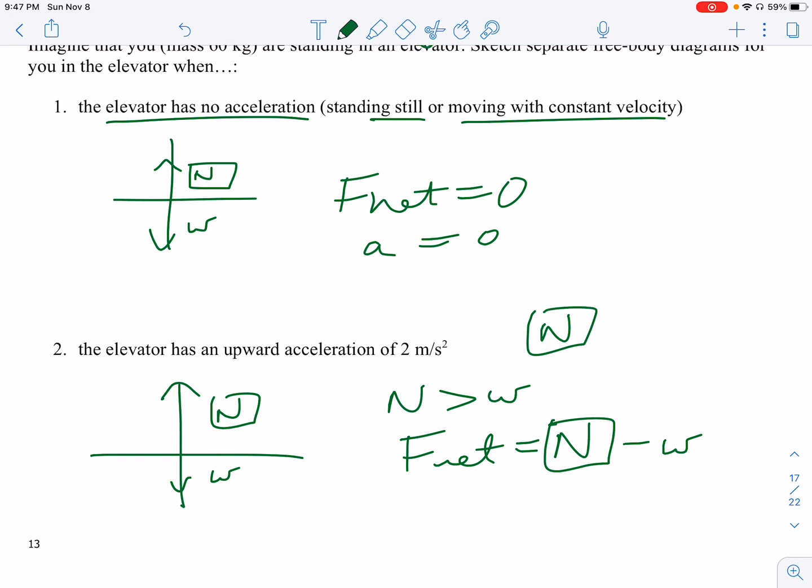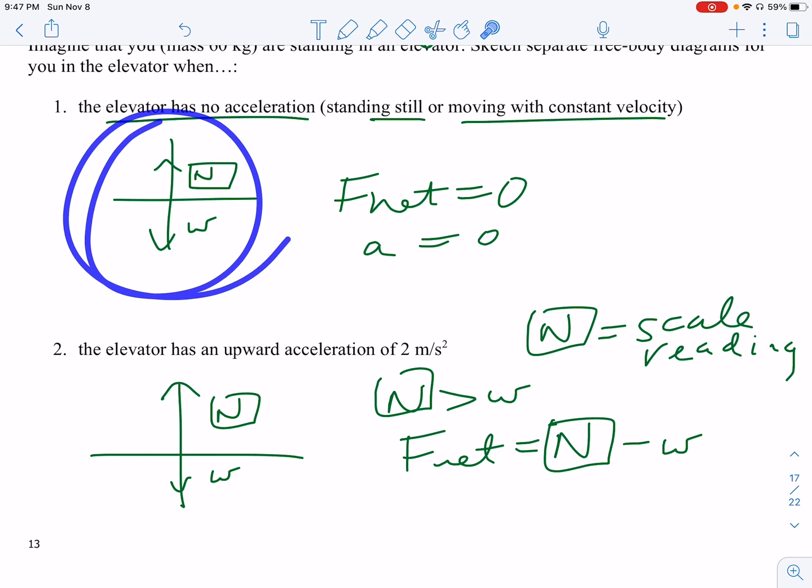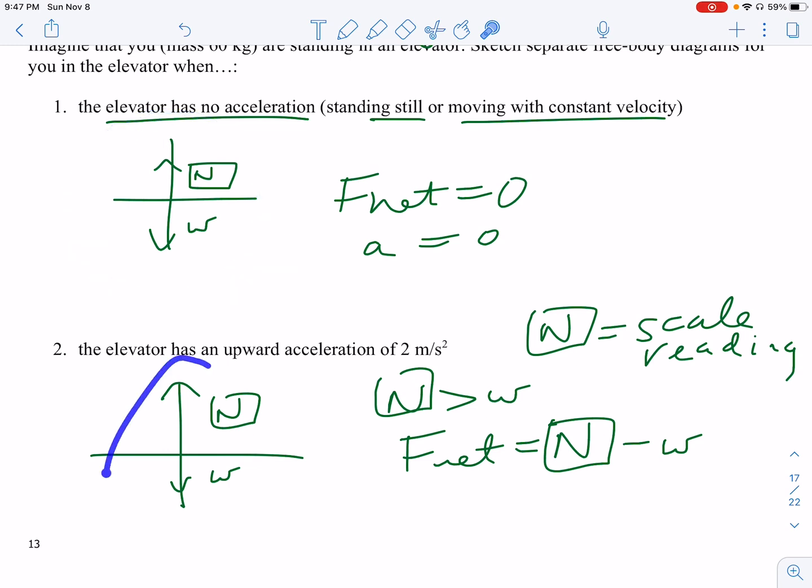N is the scale reading in all cases. It only reads your weight if you're in equilibrium, like in this example right here. In this case, the scale is reading more than the weight. You're feeling smushed to the floor.